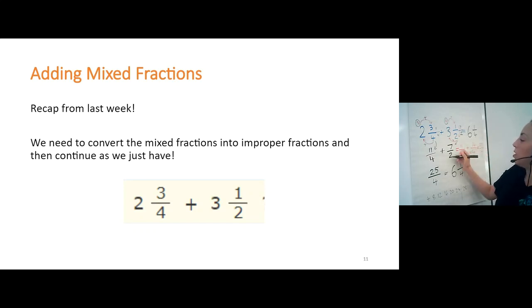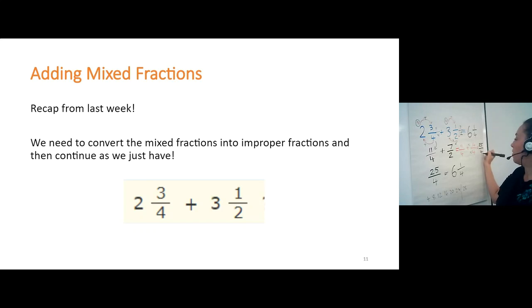Because I've multiplied the denominator by 2, I'm going to multiply the numerator by 2. So 2 times 2 is 4, and 7 times 2 is 14. So we end up going from 11 over 4 plus 7 over 2 to 11 over 4 plus 14 over 4. Now our denominators are the same. We can then go to step 2, which is adding the numerators. So 11 plus 14 gives us 25.